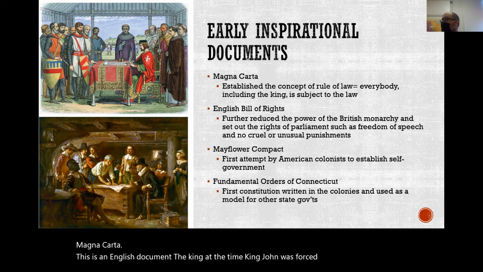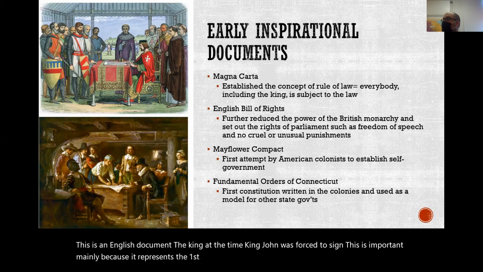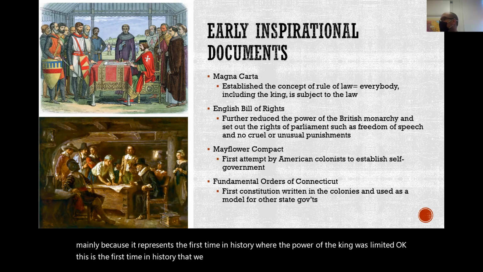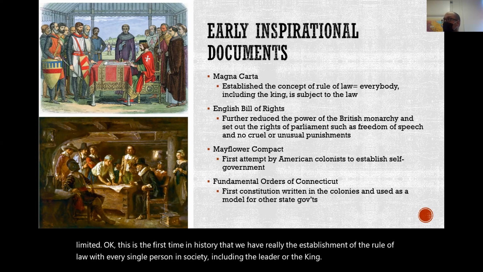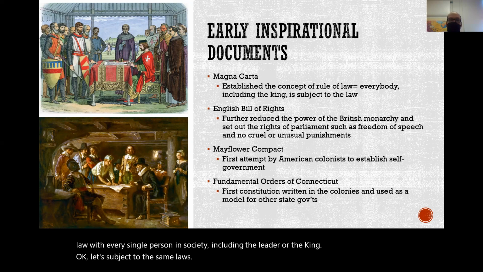This is important mainly because it represents the first time in history where the power of the king was limited. This is the first establishment of the rule of law, where every single person in society, including the leader or the king, was subject to the same laws. And that's really what we need to know with Magna Carta.